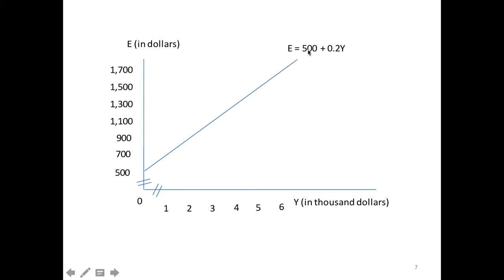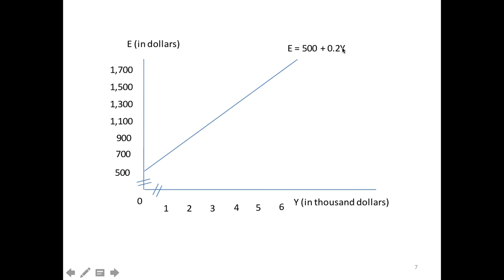The formula tells you that $500 is a fixed amount you have to pay for your healthcare annually. It doesn't matter how much you earn annually. Even if you earn 0, you have to pay $500. So therefore, the intercept, you have to start from $500. But then the slope, this 0.2, says that based on your income, your healthcare expenditure increases by 0.2.